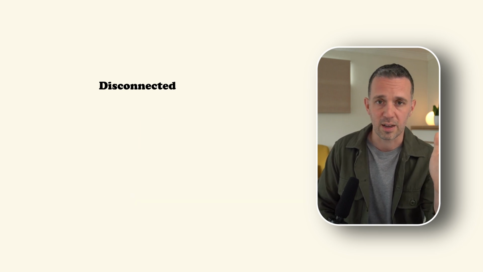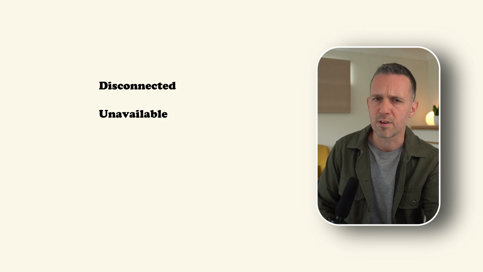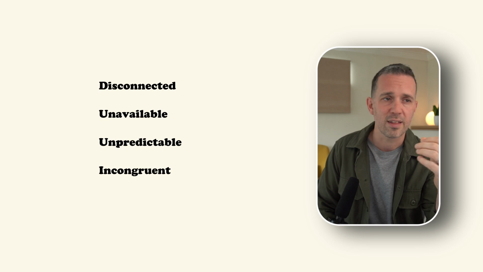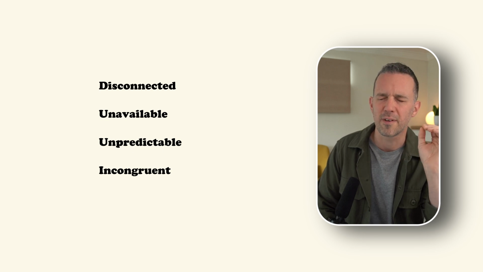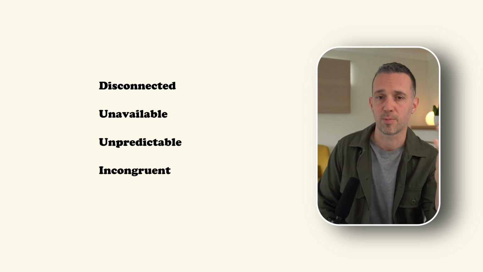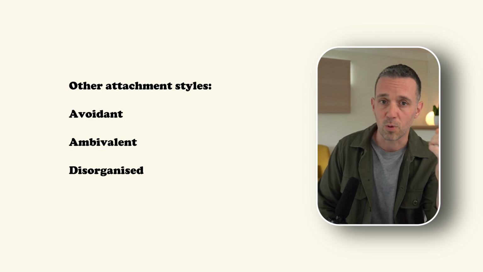The parent or caregiver is unavailable, or they're unpredictable, or they're incongruent with the child's needs, then this attachment relationship becomes severely compromised. And that's one reason that we start to see the other attachment styles, those attachment styles of avoidant, ambivalent, and disorganized.